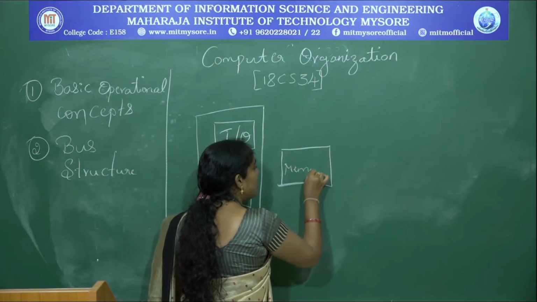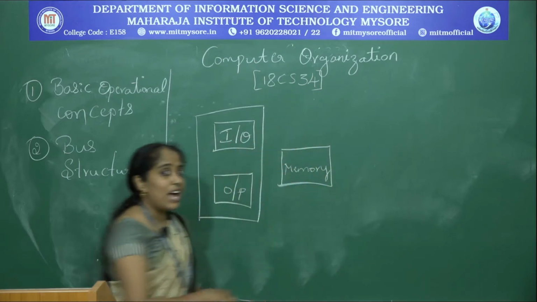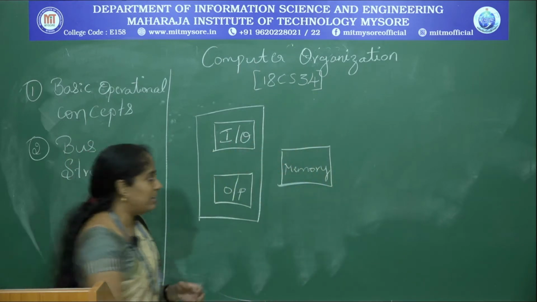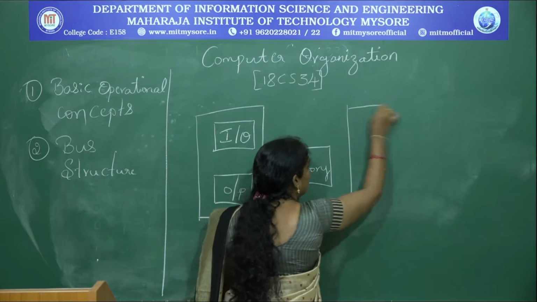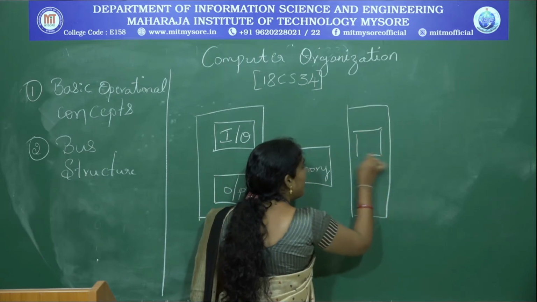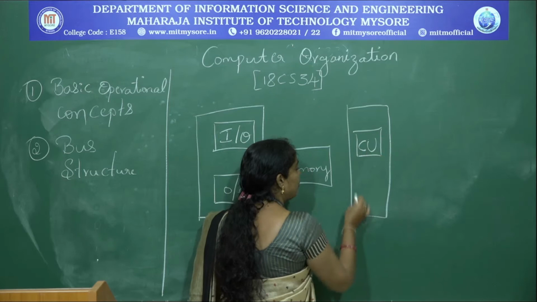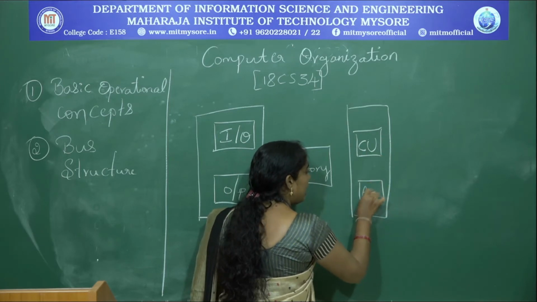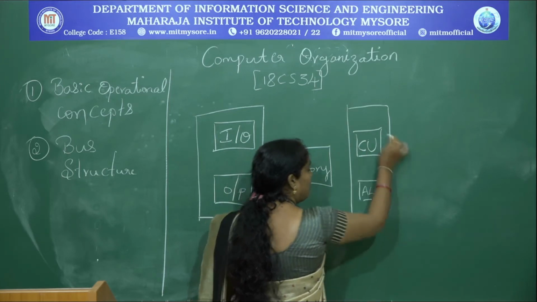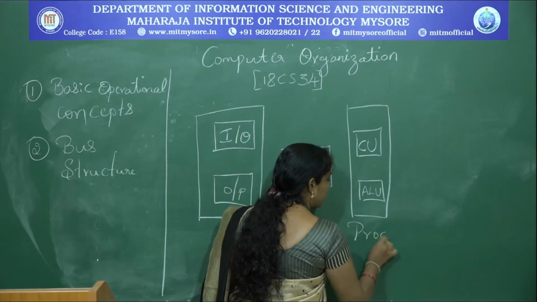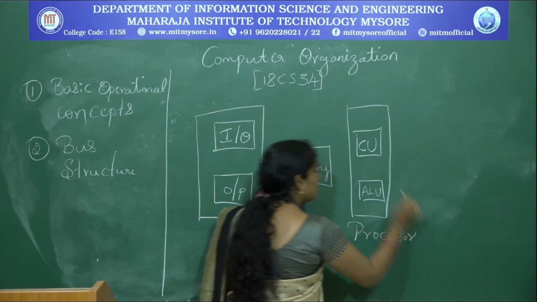After this, it is very important, the other 2 functional units are the control unit, that is CU, and the ALU. Combined, we call them the processor.